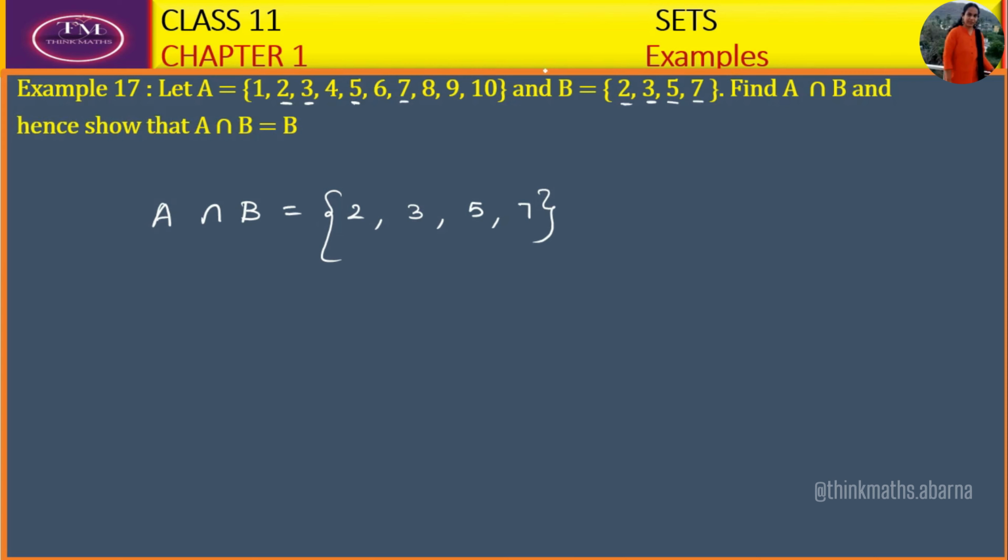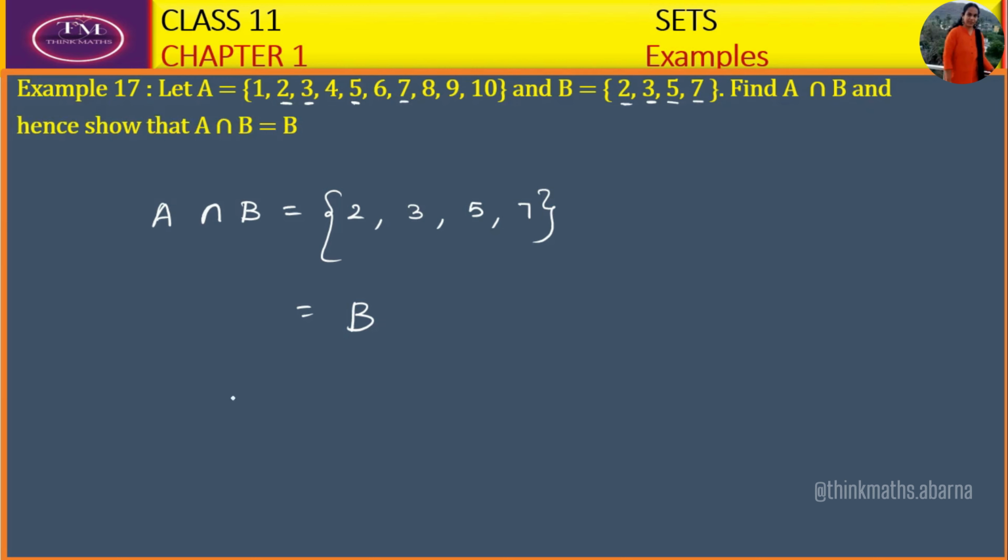It is nothing but the set B. The set B is also the set of all 2, 3, 5, 7. So A intersection B is equal to B. Okay, children, because B is a subset of A. All the elements in B are in A. So we will get A intersection B is equal to B.